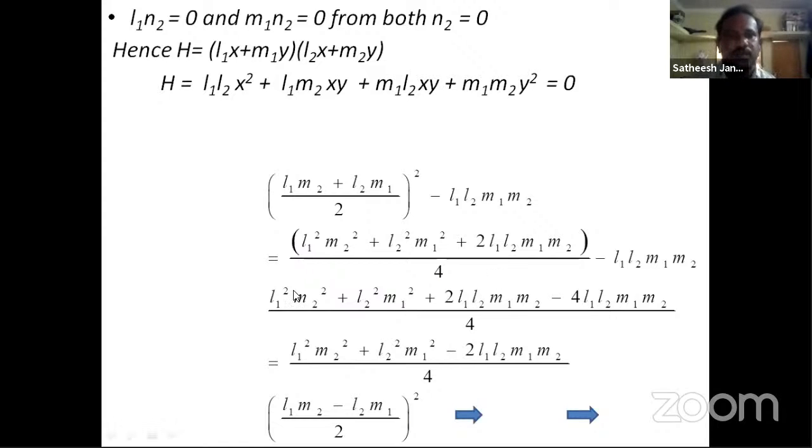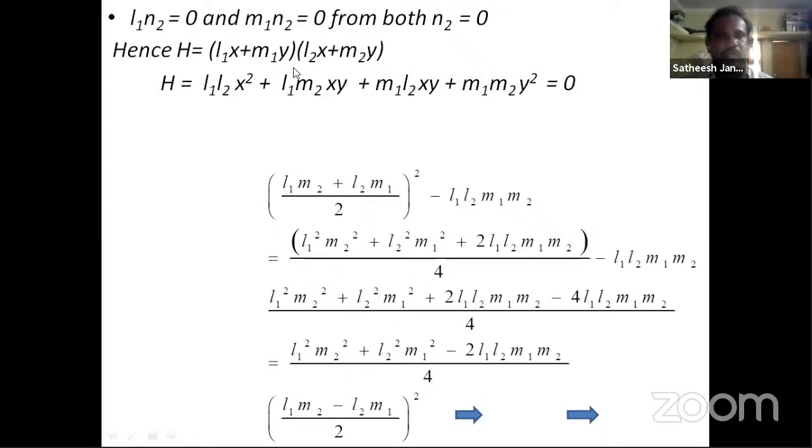Now observe the product. L1x into L2x gives L1 L2 x square. Multiply L1x with M2y, that is L1 M2 xy. Multiply M1y with L2x, that is M1 L2 xy.